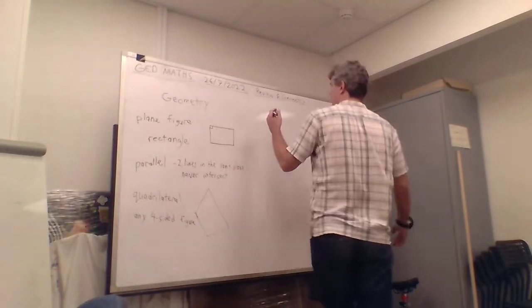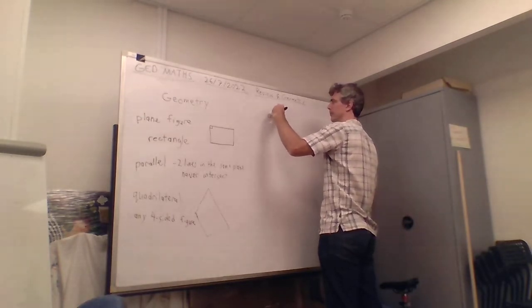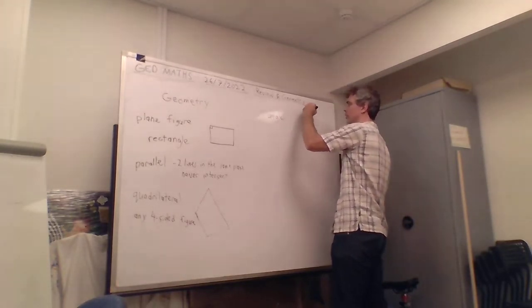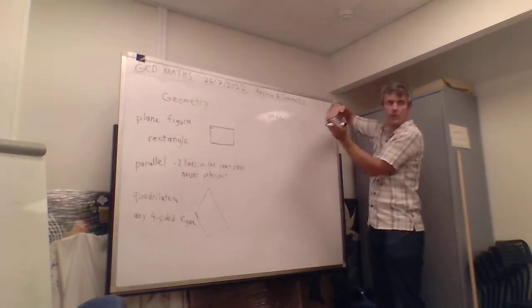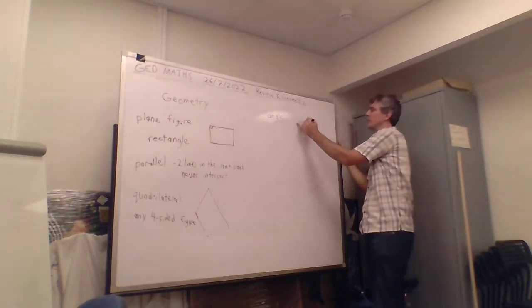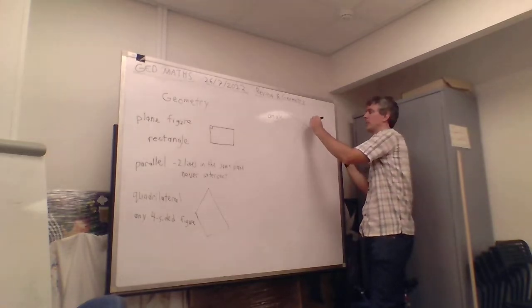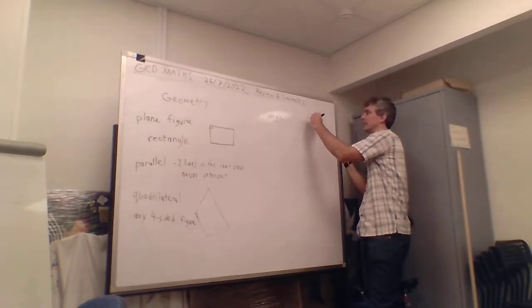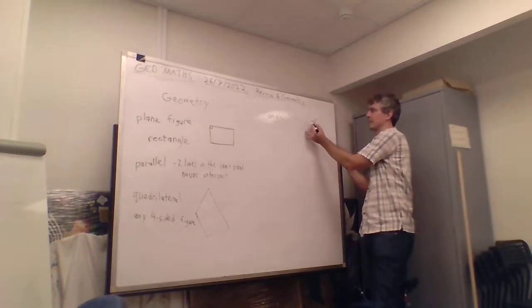An angle is when two lines intersect. When two lines intersect, we say what is the shape of the intersection? So we draw a little thing here, and we put it in degrees. So we say this is like 70 degrees. That's the angle of this intersection.